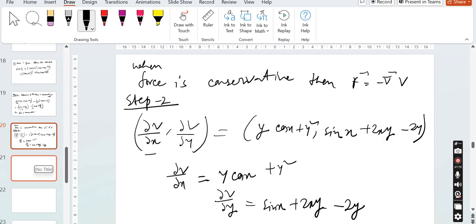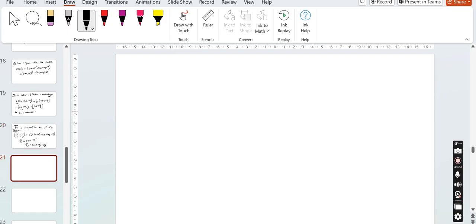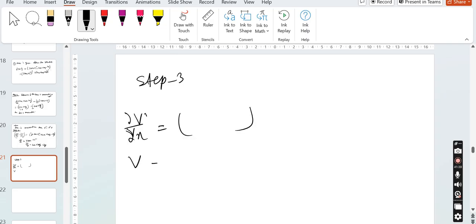Now you can take this thing, step 3. You can take del v del x and integrate, and you will get v with something dx plus c.